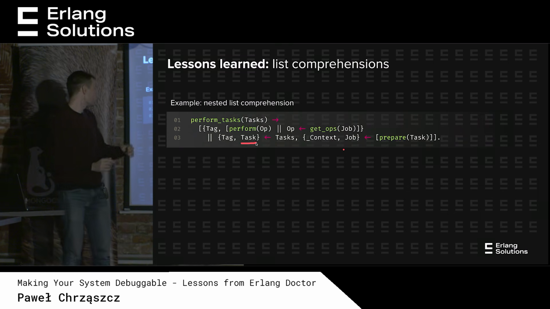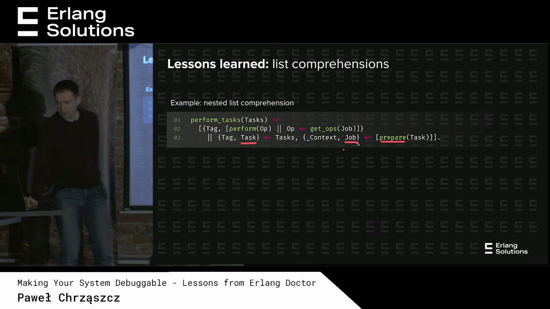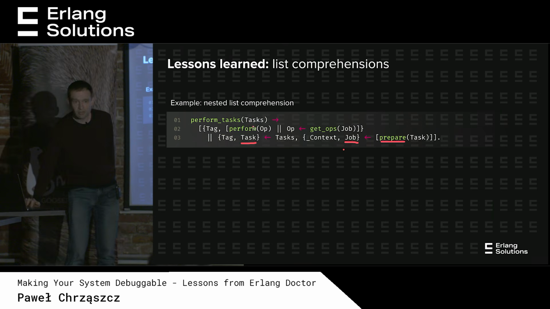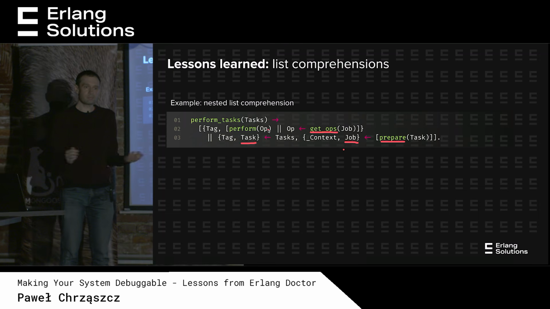So firstly the tag, then a task, and you have to prepare each task. Then you get a tuple with context and job. In a nested list comprehension, we get the operations from a job and perform each of those. We do it in a nested list comprehension because we want to tag the results.